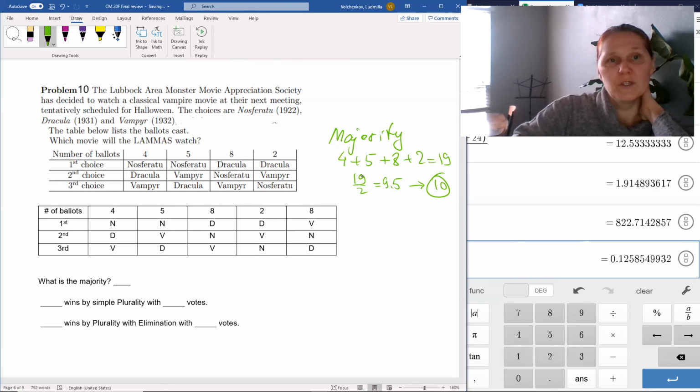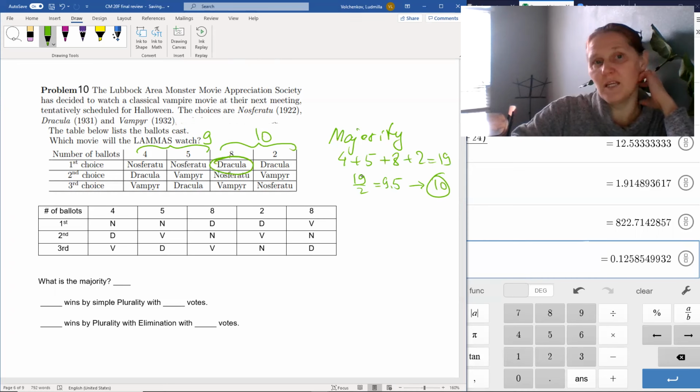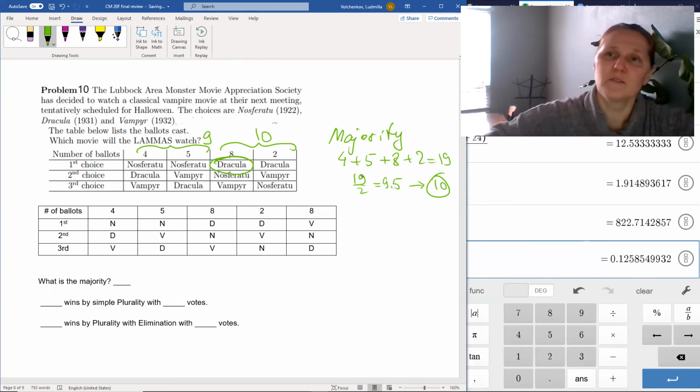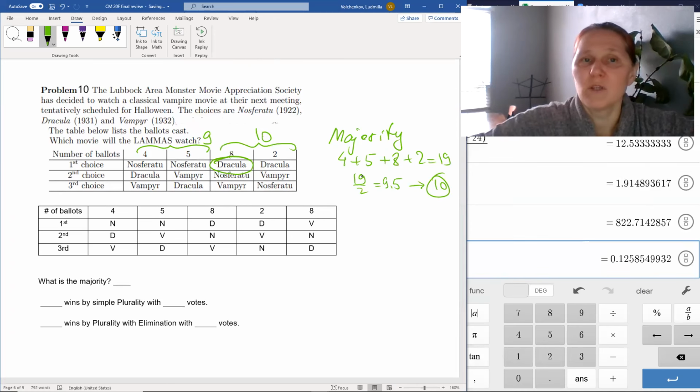So we have Nosferatu having 9 votes, Dracula having 10 votes. So Dracula is winning by plurality, and also by plurality with elimination, because Dracula has already a majority on the first step.